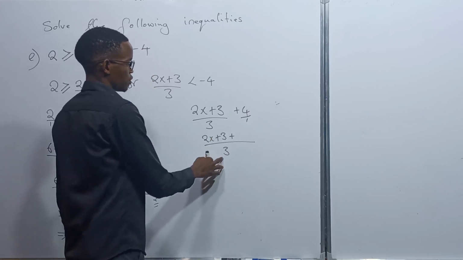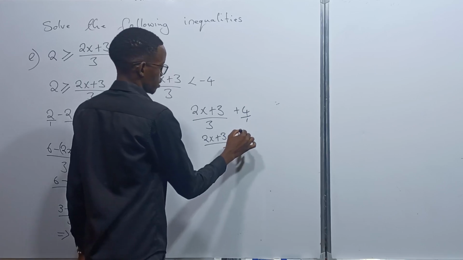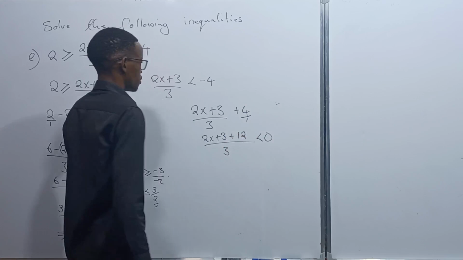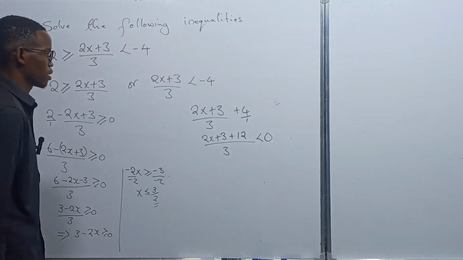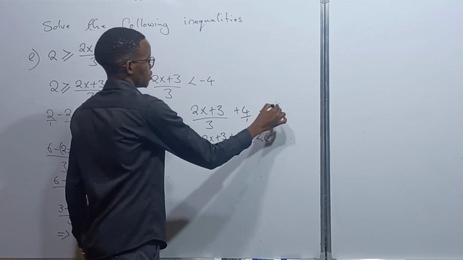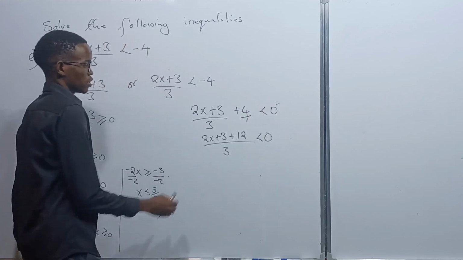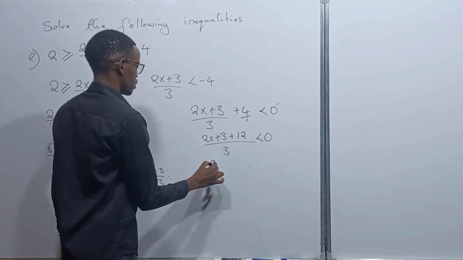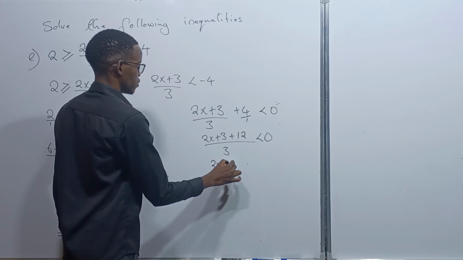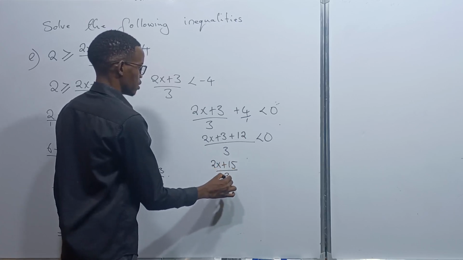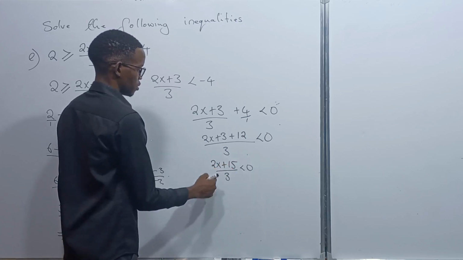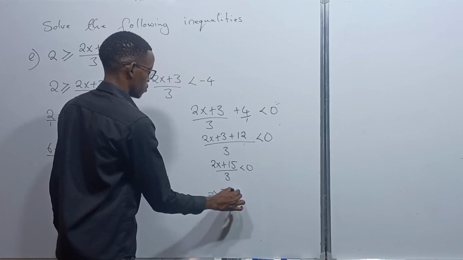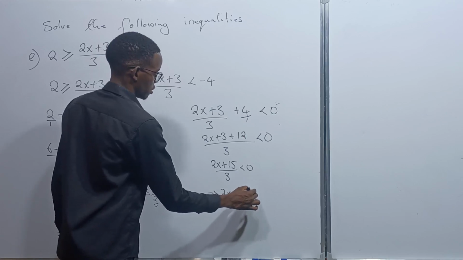So 1 into 3 is 3 times that, it gives us 12. So this is less than 0. Also this as well is less than 0. So if we add this and this, we get 15. So we're going to have 2x plus 15 over 3 is less than 0. So this is the same as 2x plus 15 is less than 0.